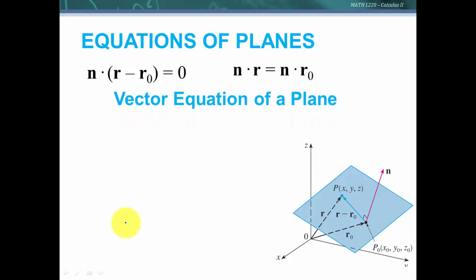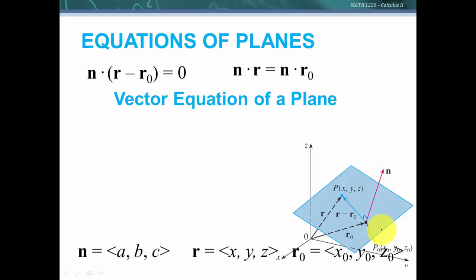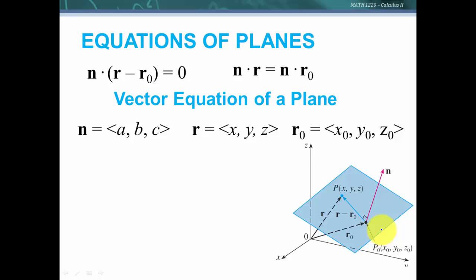So let's look at these vectors that are involved in the vector equation of a plane and put them in their component form so that we can come up with a scalar equation for the plane. So n, we are going to simply call the components of n a, b, and c, and we know r ends at the point P, which is x, y, z, and r naught at x naught, y naught, z naught. Both their tails are at the origin there. So if we replace these, let's go ahead and write out what n dot r would be.